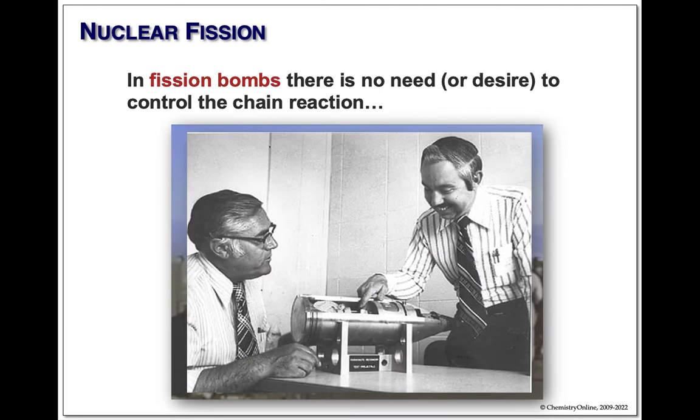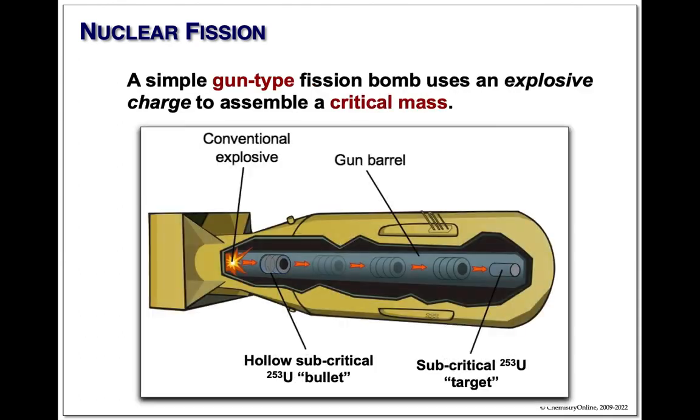How do you make it? The simple type is called a gun-type fission bomb. This was our very first. What you have is a gun barrel. At one end, you have half a critical mass. At the other end of our barrel, we have the other half of our critical mass. When they're apart, nothing happens.